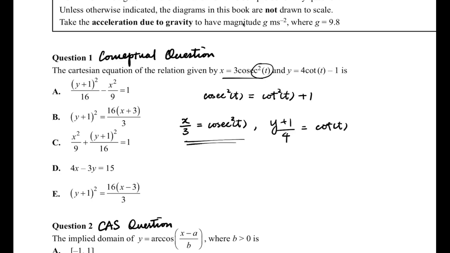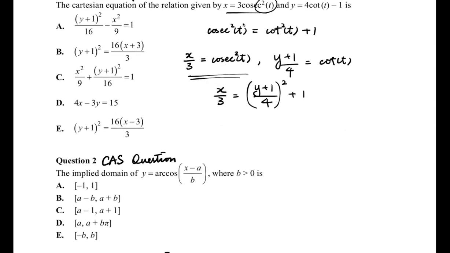Making some substitution, you get x over 3 equals y plus 1, the whole thing over 4, and a big bracket squared plus 1. So you need to simplify this expression, the whole equation a little bit, which is x on 3 equals y plus 1 squared on 16 plus 1. X over 3 minus 1 will be y plus 1 squared over 16.